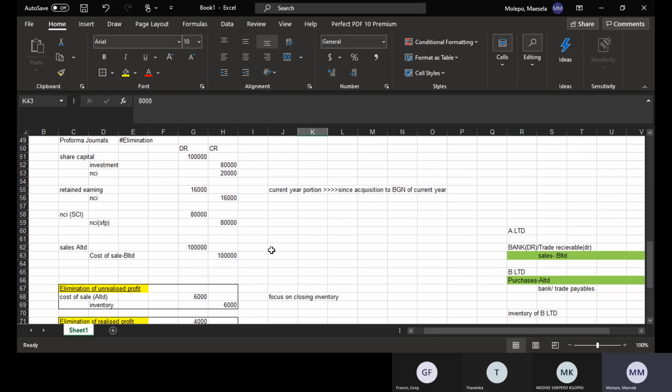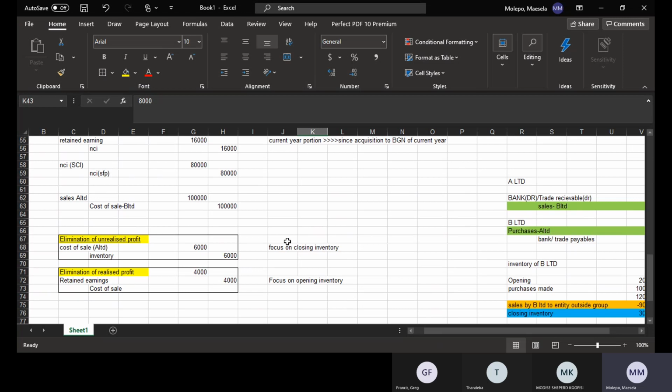This one is gone. And then when we go down to the parent, it is sitting with 120. So it will be the 120, then we less the profit, the one which was realized during the current year when we were selling the inventory to the people outside the group.